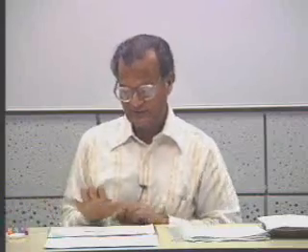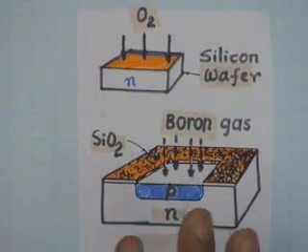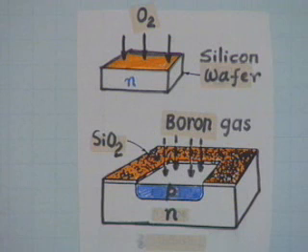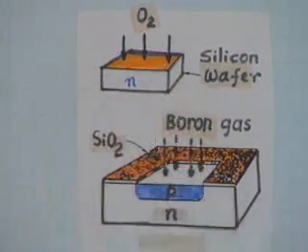First, I would like to show you how this diffusion can occur. There are various ways of making a diode. Actually, what we are showing is how to make a PN junction or a diode. Now, there are many ways of doing this, and one of the popular ways that I have illustrated here is you take an n-type material.